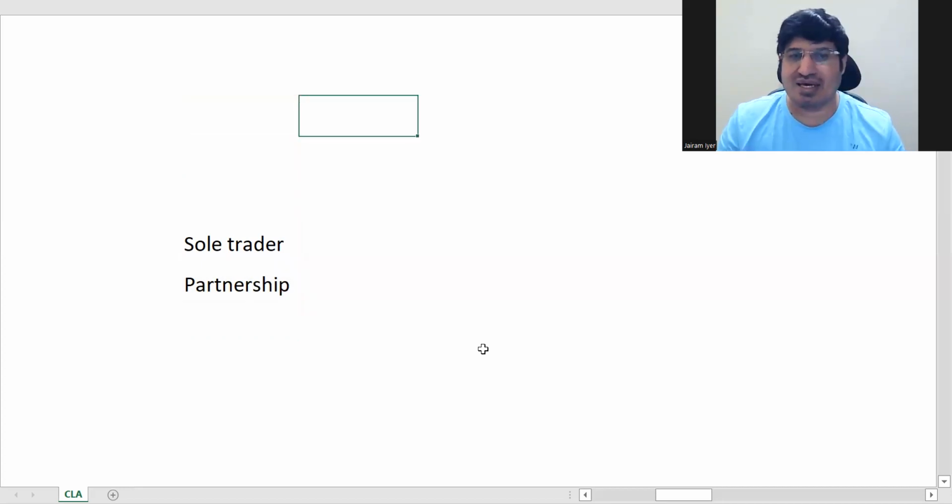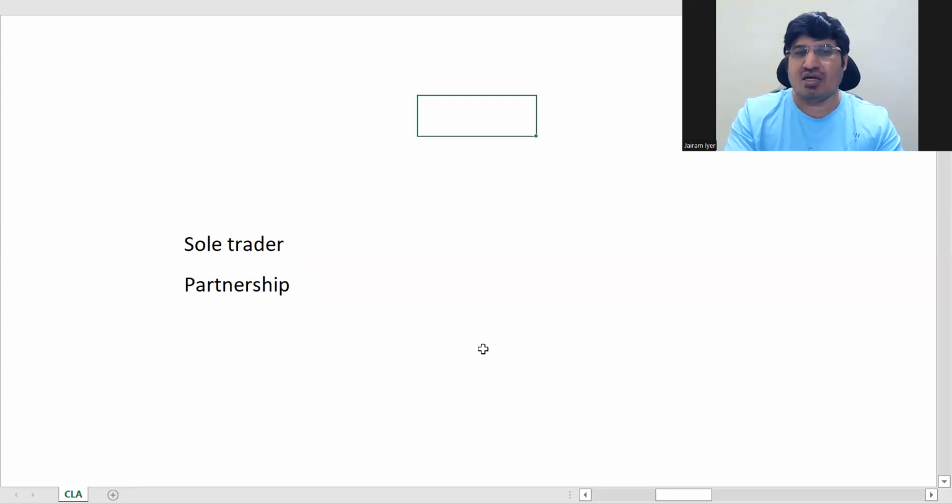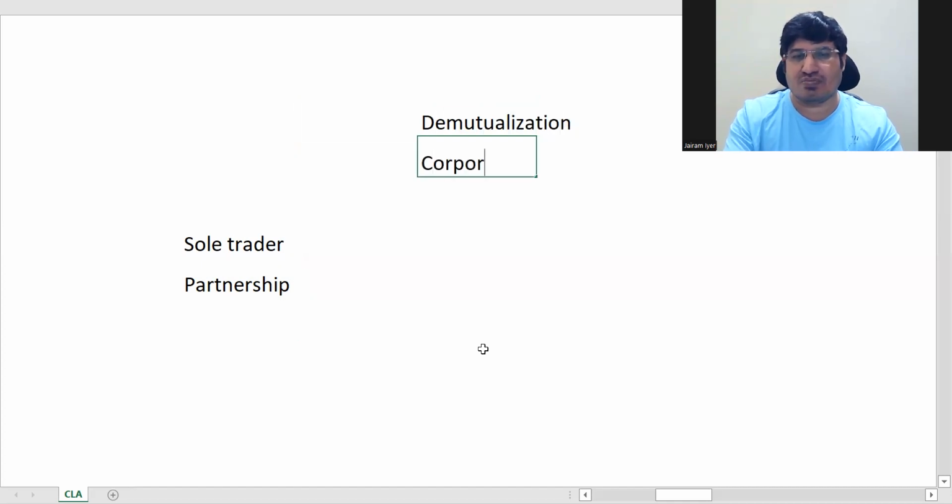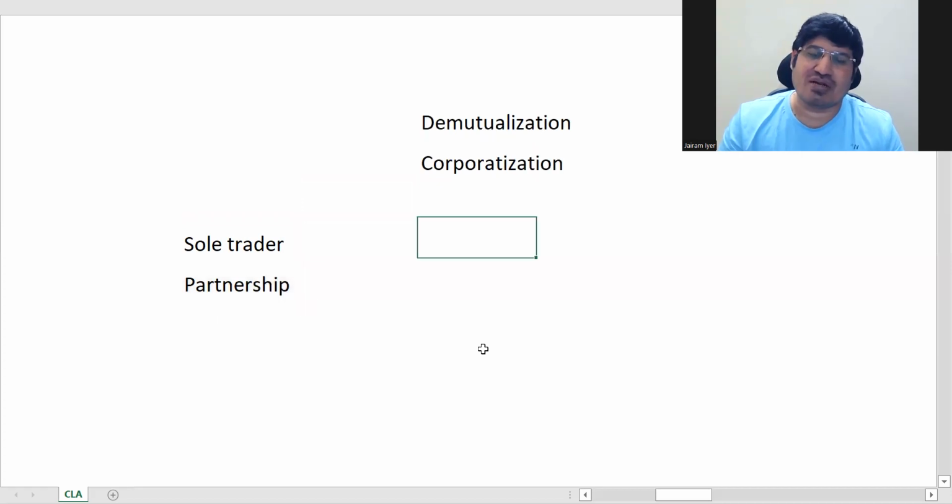So तब क्या किया गया, what was done is called as demutualization and corporatization. So all these were converted to company.